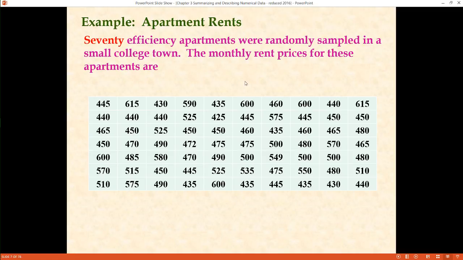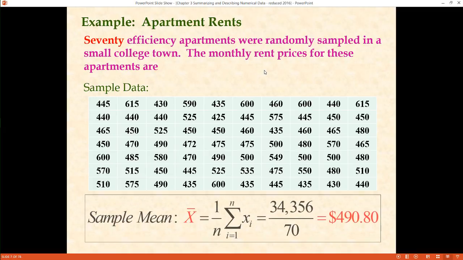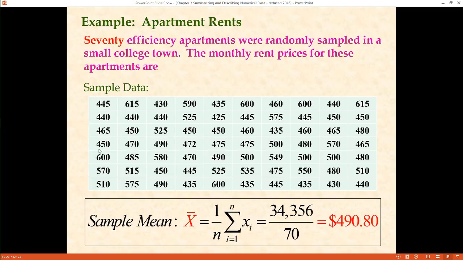So what we have is prices of apartments in some college town. Okay. Efficiency apartments. We have 70 observations. Here's our sample data. There's more than 70 efficiency apartments in this town, apparently, but we took a sample of 70 of them. So if we add all these up, divide by 70, here's our average.